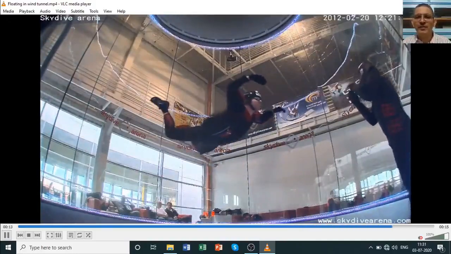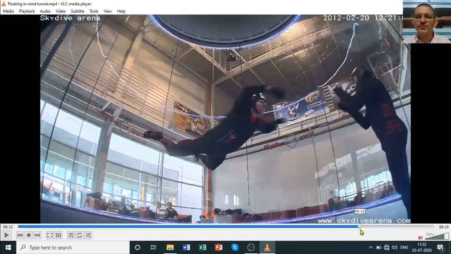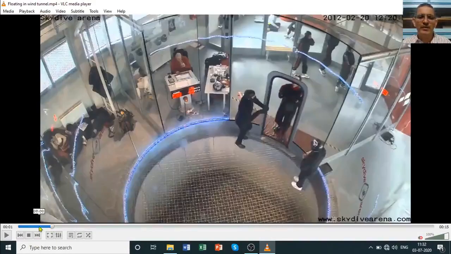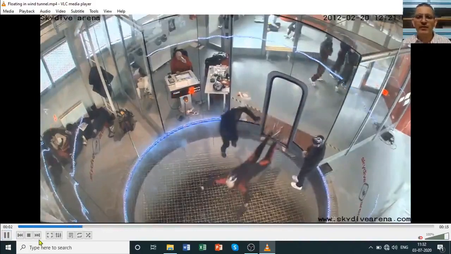Both of them may have the same weight and same size, but one is floating and one is not. So you see the orientation also makes a difference when it comes to flow of fluids around different objects. We are using it for fun, people are having fun.